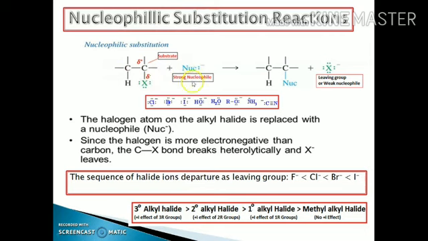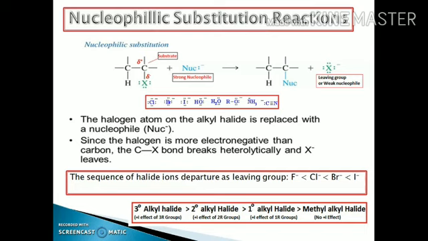Examples of some strong nucleophiles are Cl⁻, Br⁻, I⁻, OH⁻, the water molecule, RO⁻, ammonia with one lone pair of electrons, and cyanide, etc. What happens in this reaction? The strong nucleophile displaces the weak halide ion from its position and gives a substituted product.